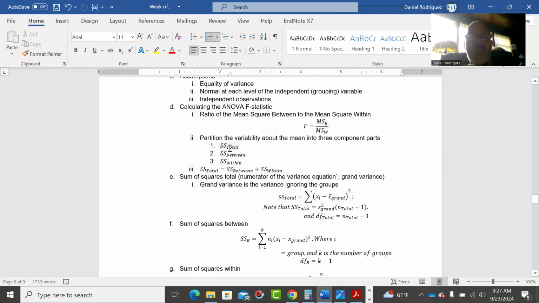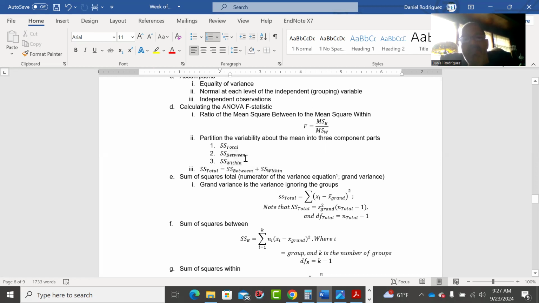So we can break down the sum of squares into the sum of squares between and the sum of squares within. The between sum of squares is the sum of squares that's partitioned among those three different groups, or however many groups we have, right? The within sum of squares is individual differences within an individual. But that's not of interest to us here. We're not looking at repeated measures designs, we're looking at the same person.